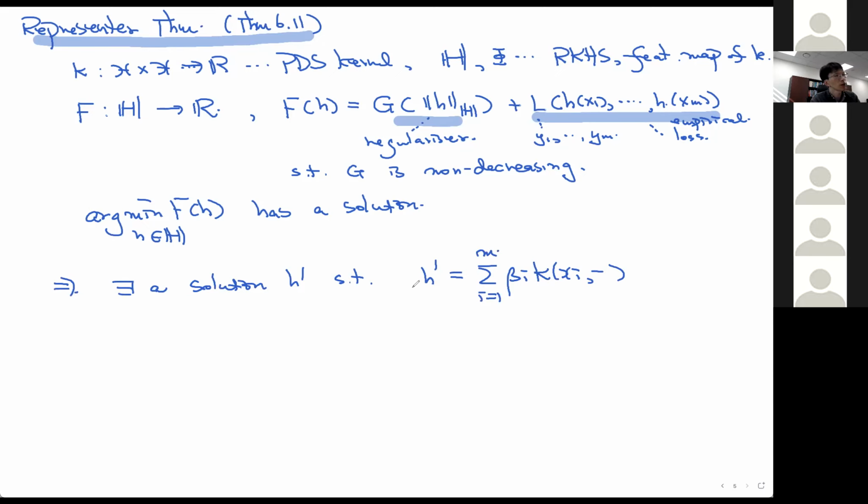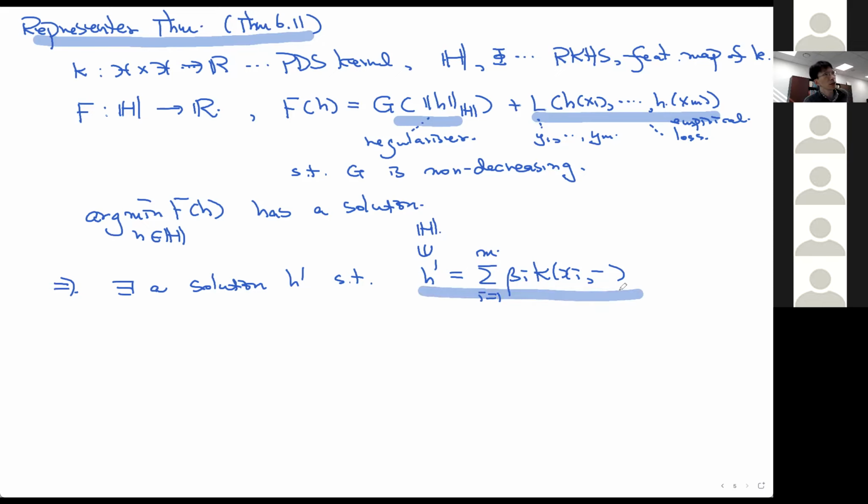So H prime is a map because it's a reproducing kernel Hilbert space, a space of functions. But then this H can be any function in H, okay? But this theorem says that if there is a solution, then we can always find a solution of a very nice form, which can be expressed in terms of examples.